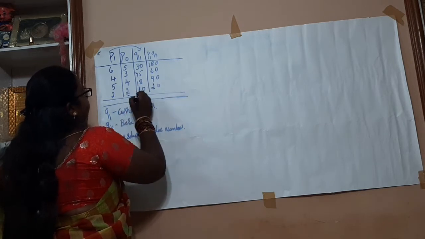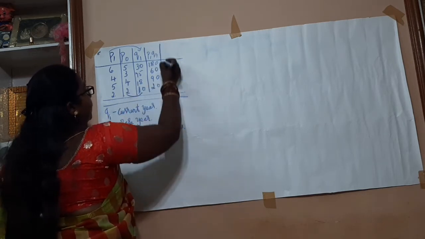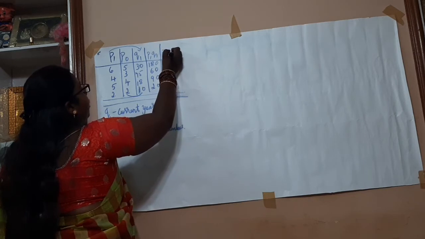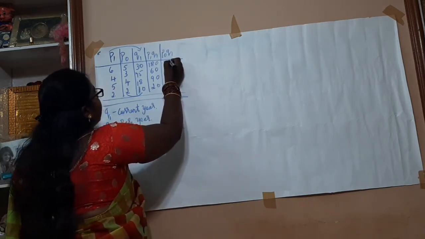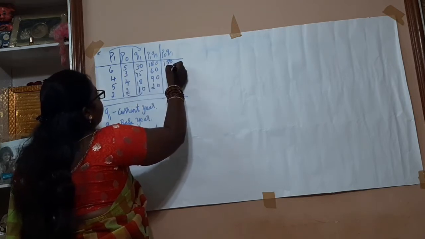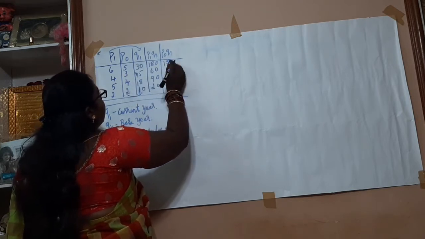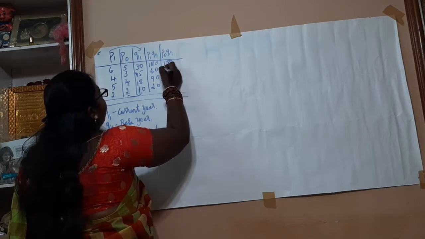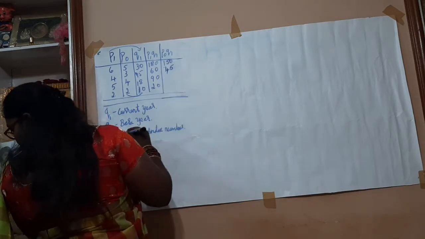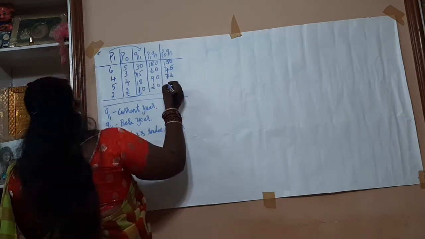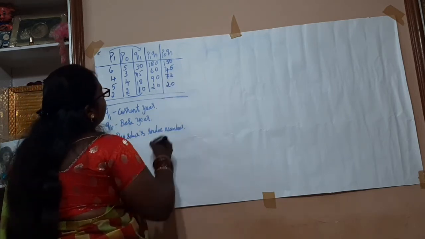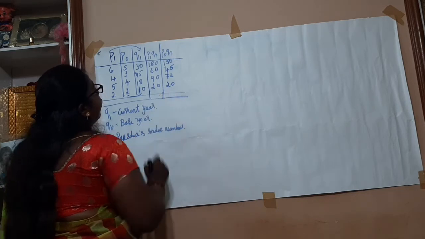Next you will multiply P0 and Q1. You will get 150, 45, 72, and again 20. So this is the data available for us here.